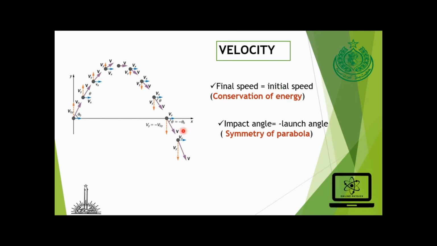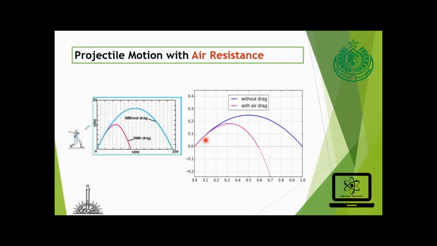And this is the impact angle and this is the launch angle, and both are opposite. So let's see, this is moving like this counterclockwise, and this is moving like this clockwise. So counterclockwise is equal to clockwise. This is the symmetry of the parabola in the absence of air resistance.